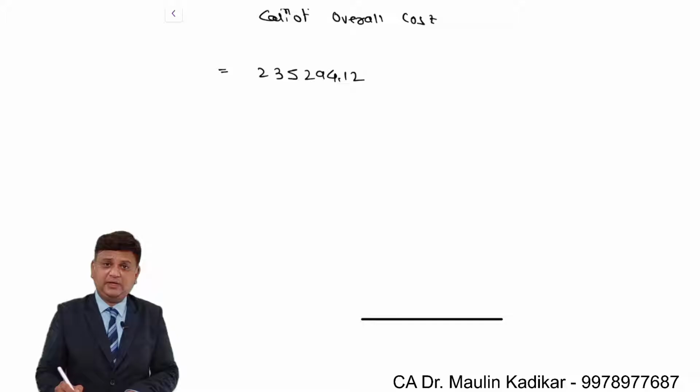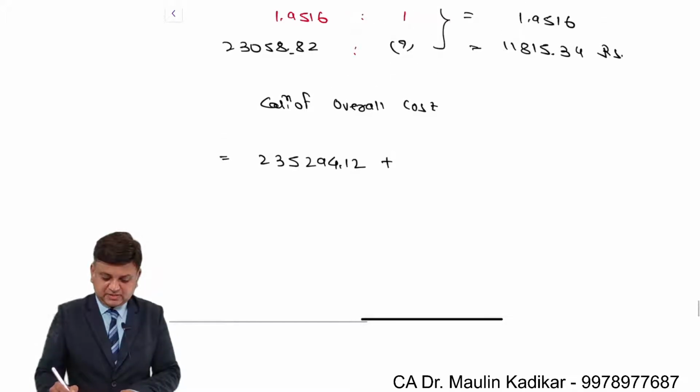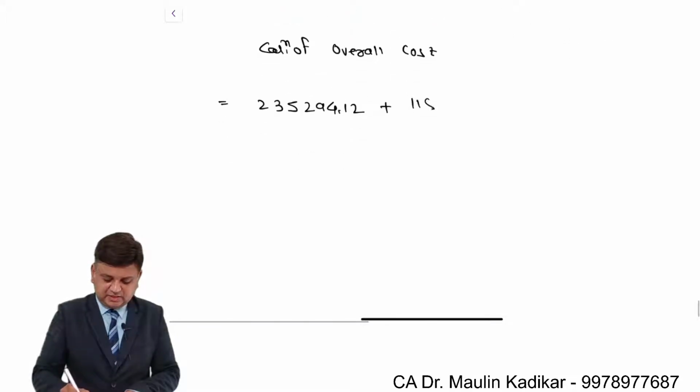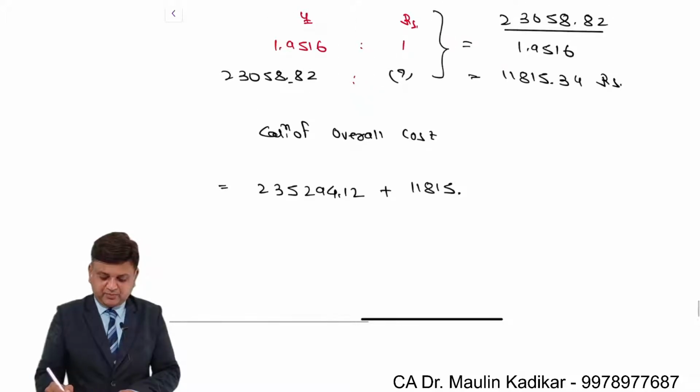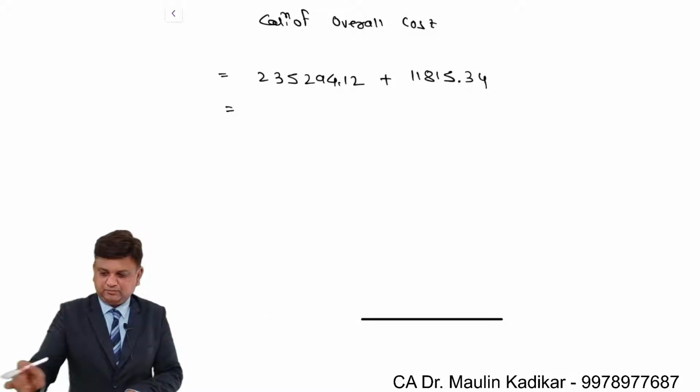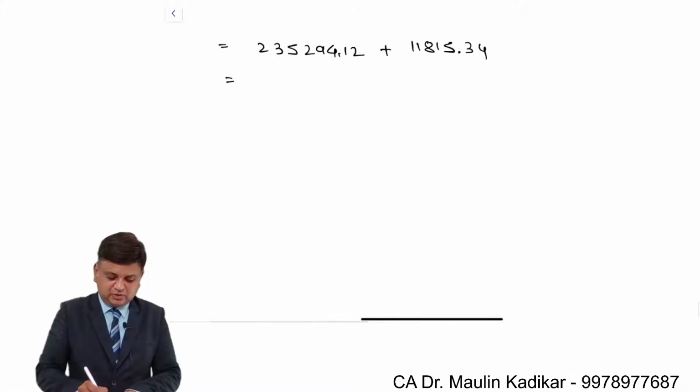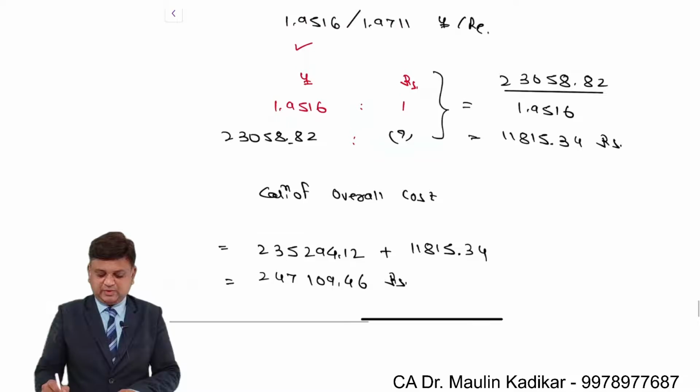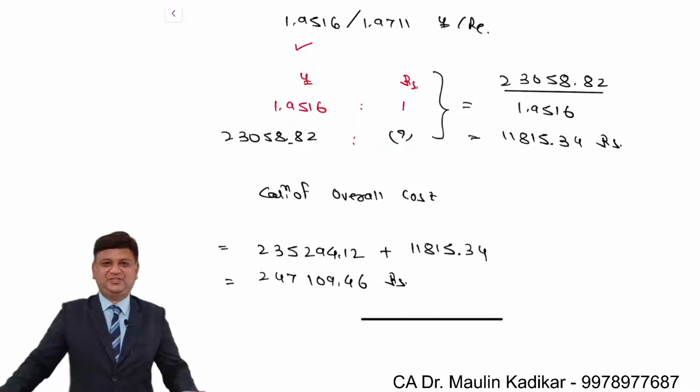This is the amount payable in the option, plus 11,815.34. This is the premium. So the total amount is 2,47,109.46. Now this amount is going to be compared with the forward market hedge.